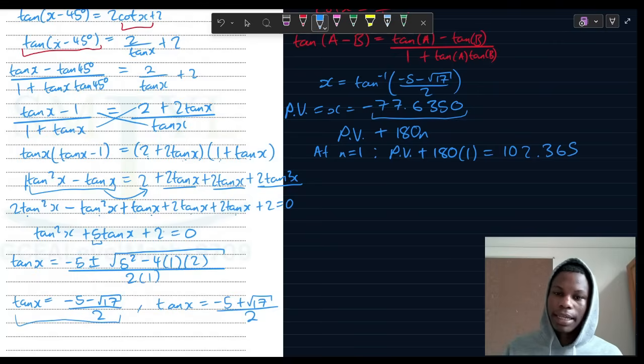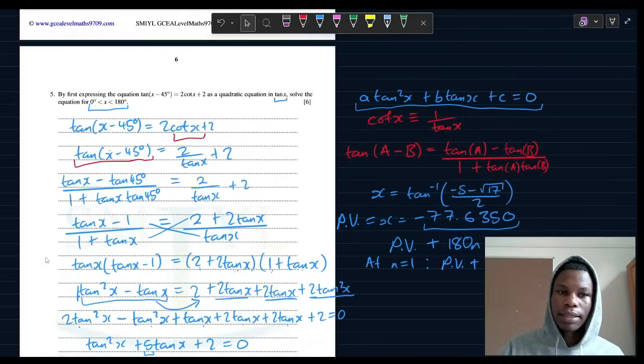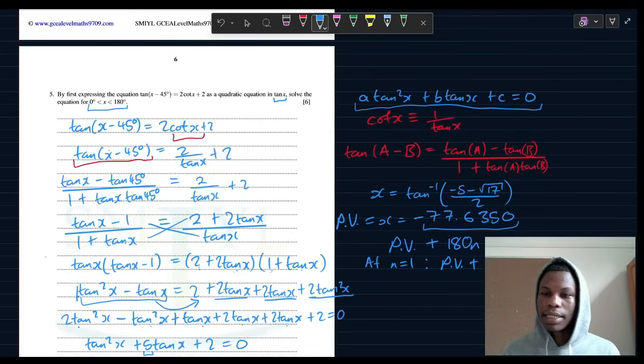And this is clearly within the interval they've given us, right? If you try this at n equal to 2, you find that the next solution will be outside of the interval. So this is the only solution we get from this equation that satisfies that interval.